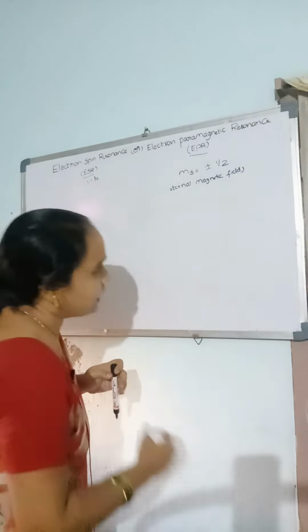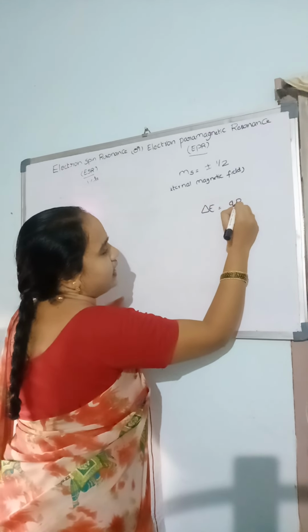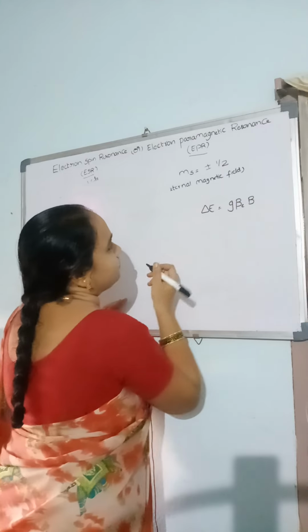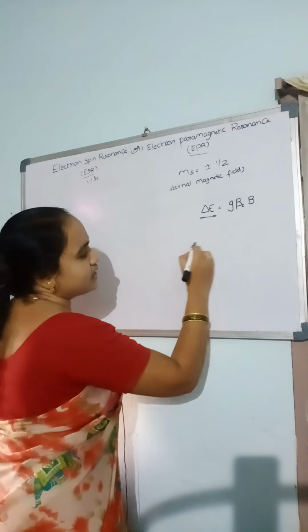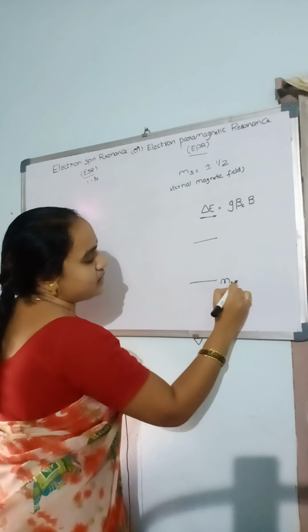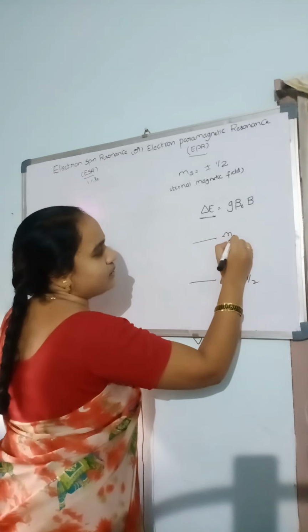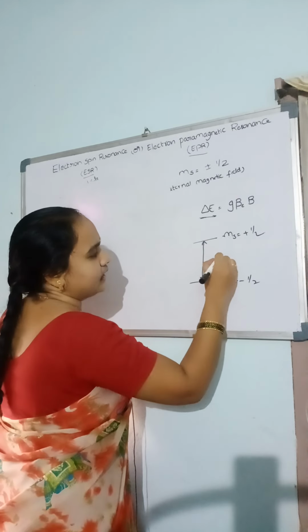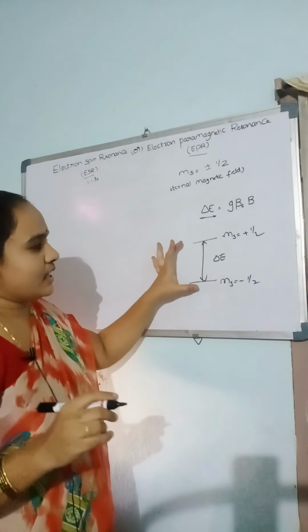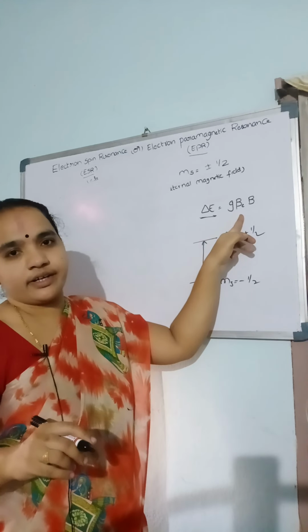We have derived delta E is equal to g beta e Bz. What is delta E? The separation between the two levels, between Ms equal to minus half and Ms equal to plus half. This delta E depends upon g, Landé's factor, a constant, and beta, the Bohr magneton, a constant.